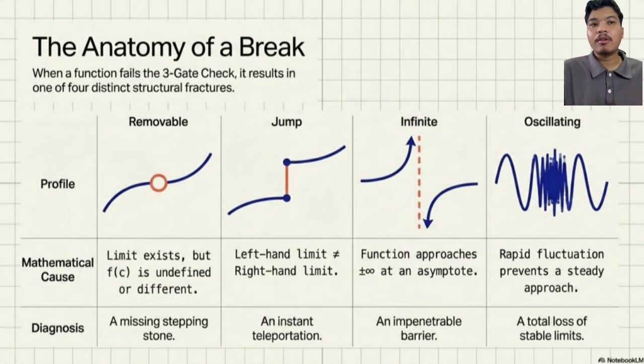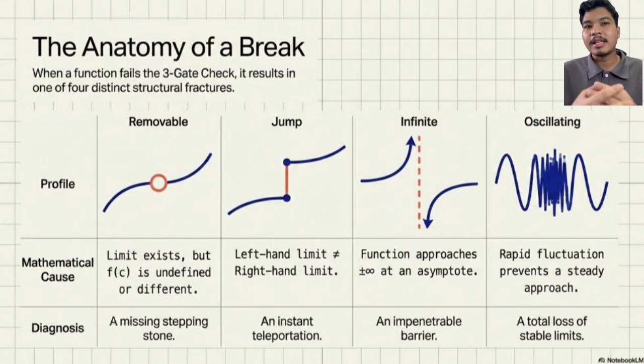Like I said before, when the three gates check fails, we see four distinct structures of fractures. Number one is removable, a missing stepping stone where the limit exists but the point itself is undefined.